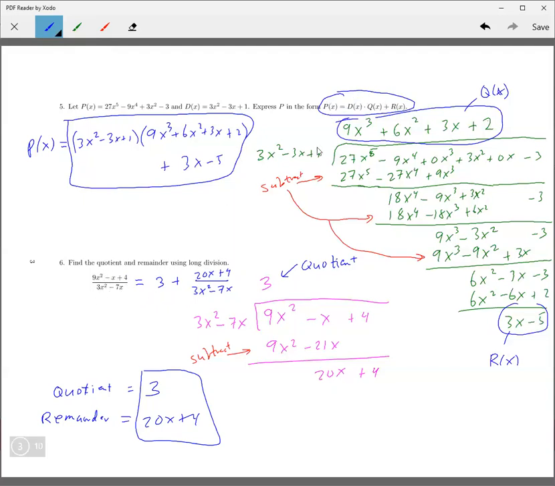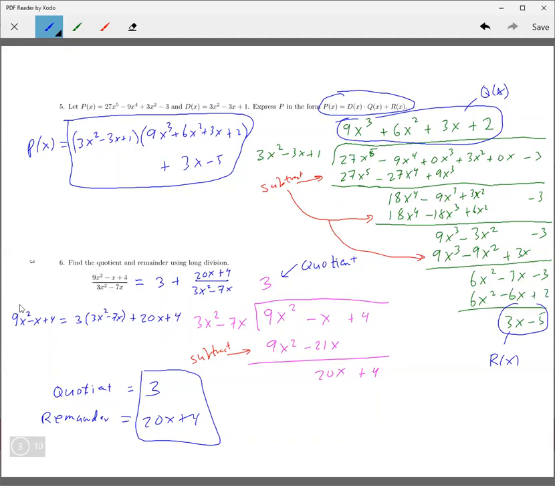The other way is you can write it this way: just taking this numerator, that's equal to this 3 times this divisor plus the quotient. That's just multiplying.